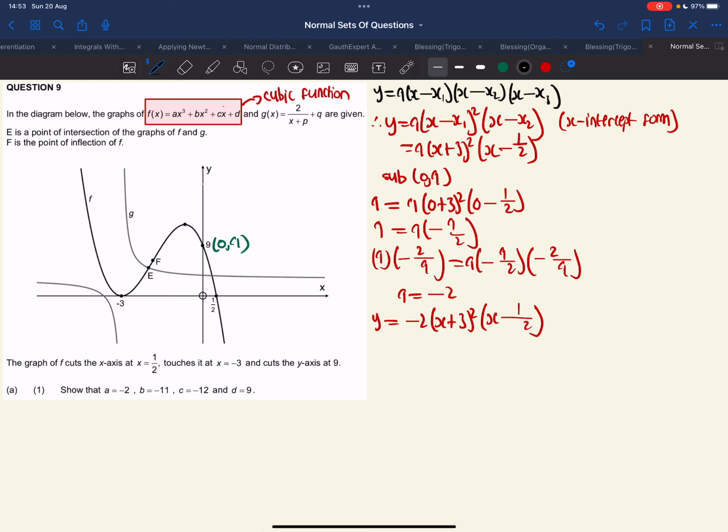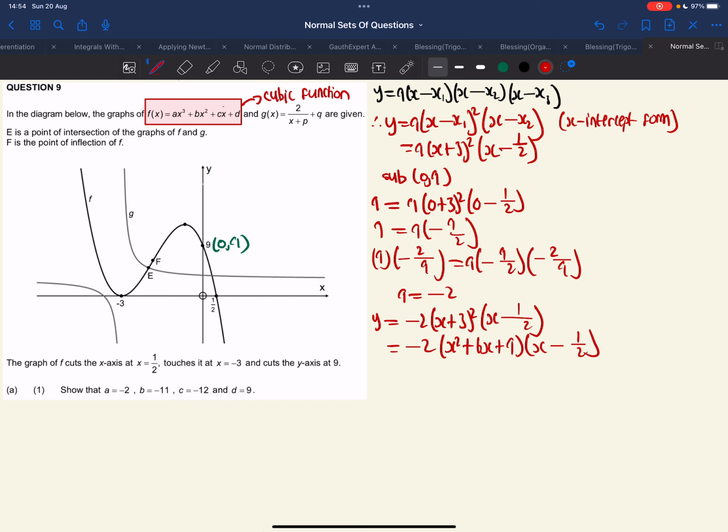We can first deal with the (x plus 3) squared because this part here we call the perfect square. So we can say -2 times (x squared plus 6x plus 9) times (x minus 1 over 2).